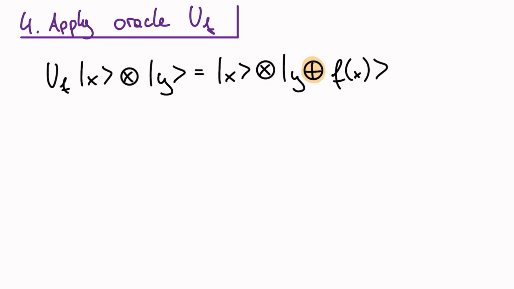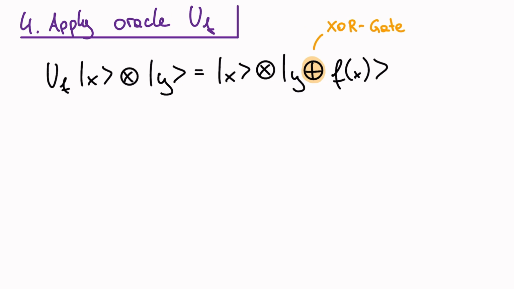It calculates the function f of x and then applies that result to the output qubit using a gate known as the XOR gate. In circuit diagrams, the XOR gate is usually represented by a plus sign with a circle around it. I won't go into the mathematical details of how this works.